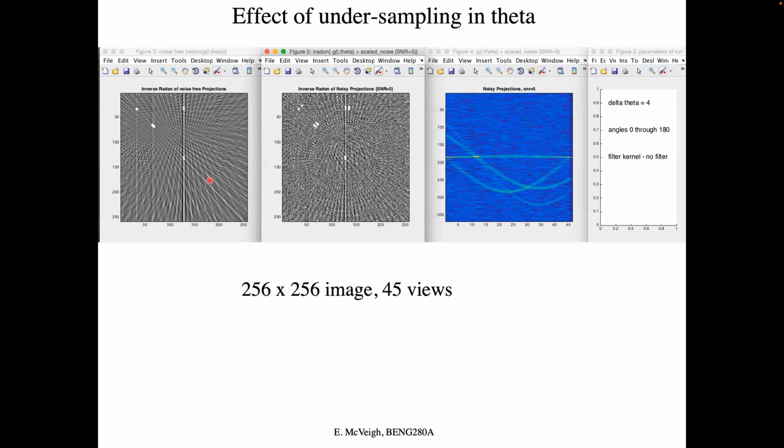Remember, if I took 2 angles, I would have 2 big streaks across the field of view. As I get more and more angles, those streaks add up in number, so I get many more streaks across the field of view. However, because of the negative side lobes on our convolution filter, those streaks start canceling each other out.